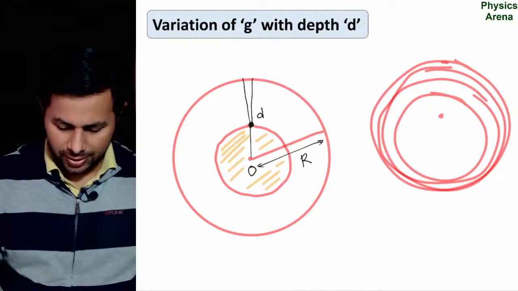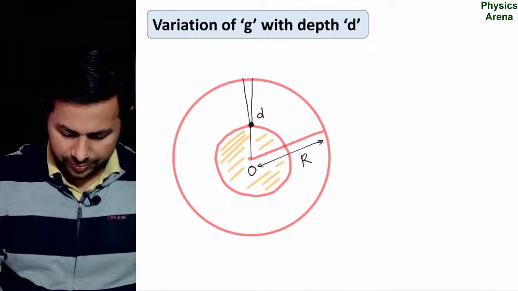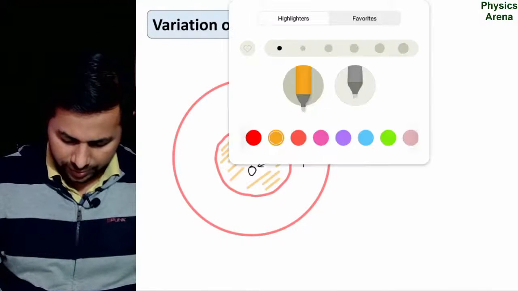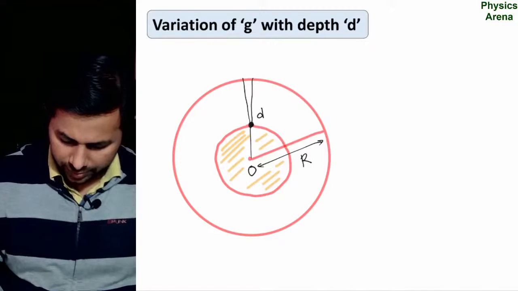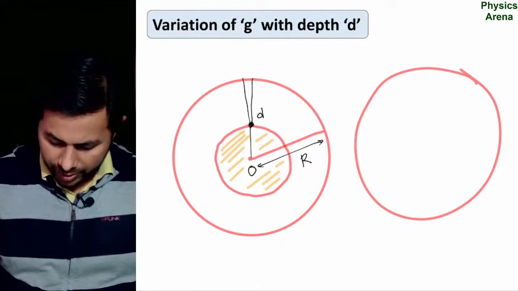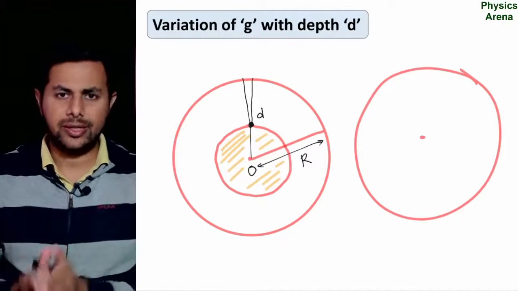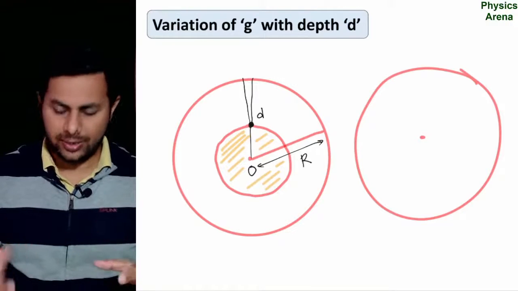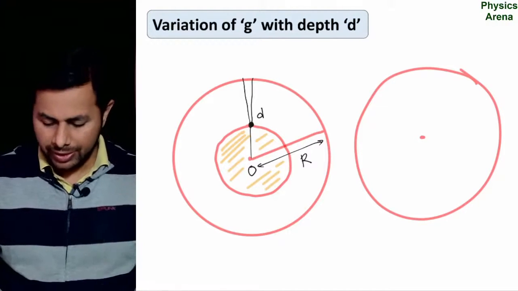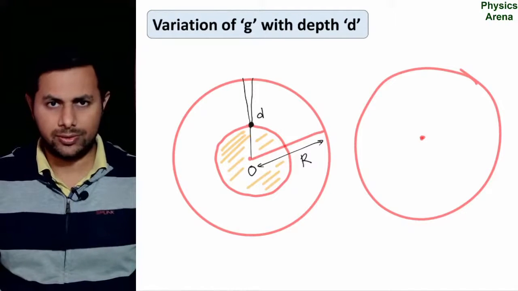So if we consider a spherical shell like this, and a mass kept inside that shell, then the gravitational force on that mass due to the spherical shell is equal to 0.